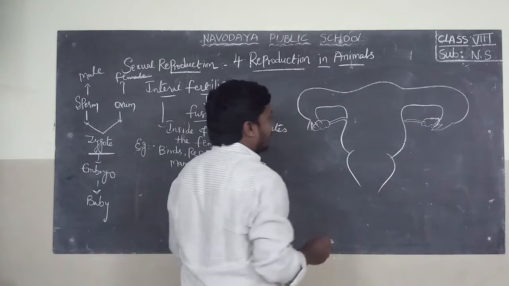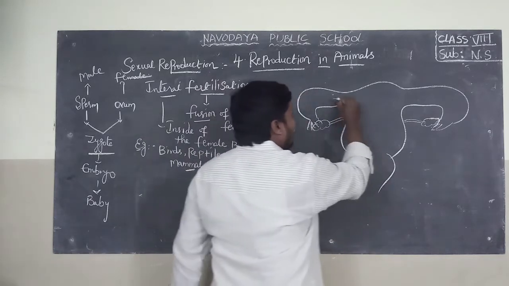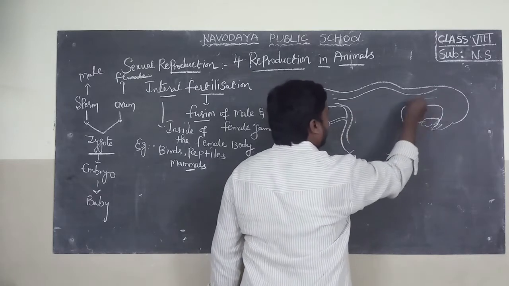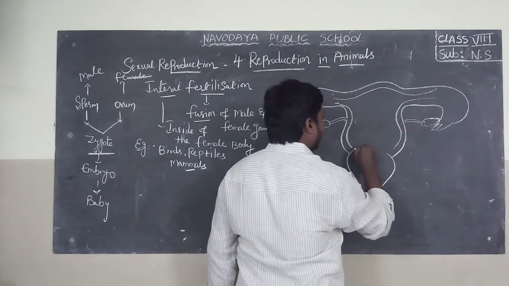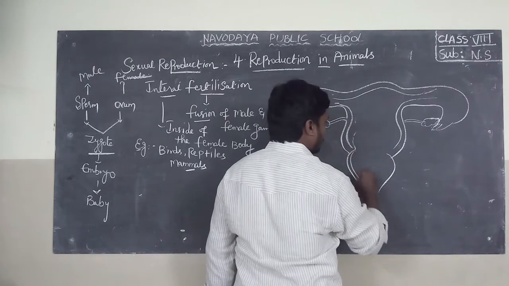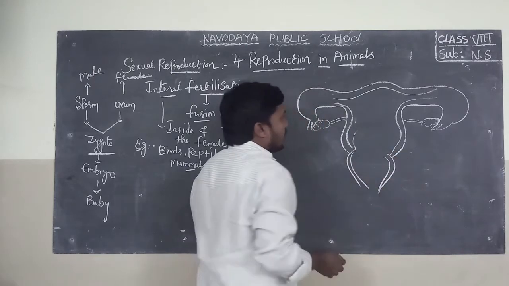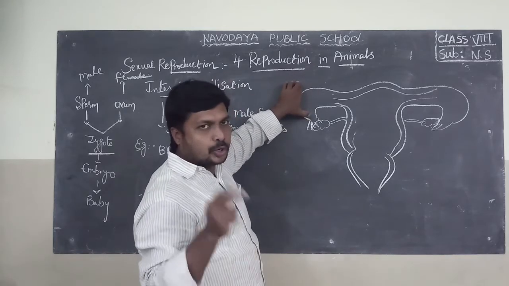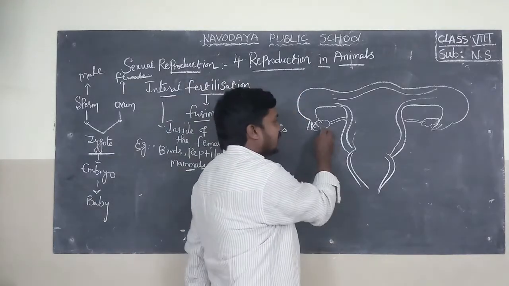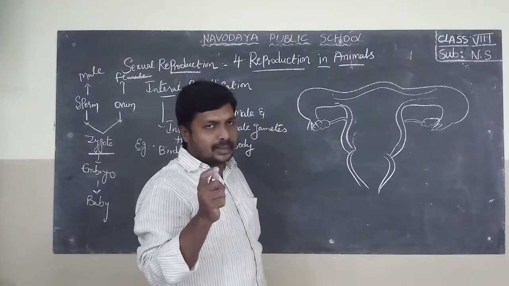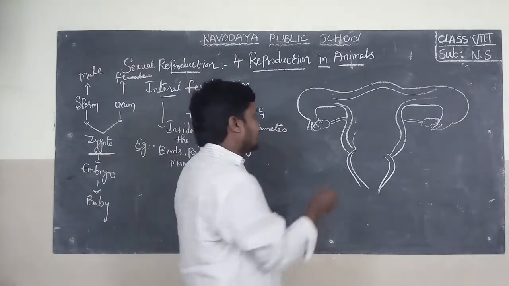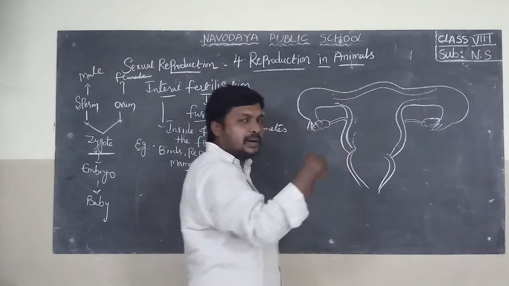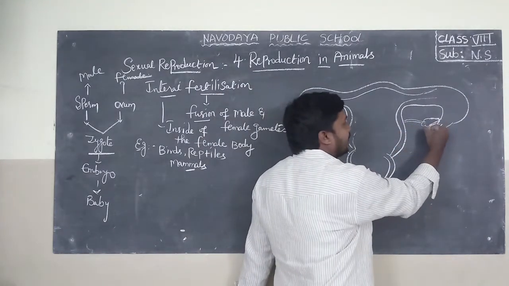If you observe the female reproductive system, we can find two ovaries. The two ovaries release only one ovum per month in successive months. For example, in this month, this ovary releases one ovum, and in the next month, this ovary releases another ovum.